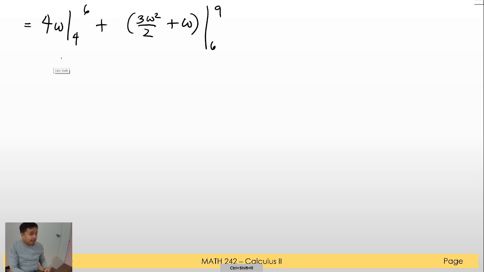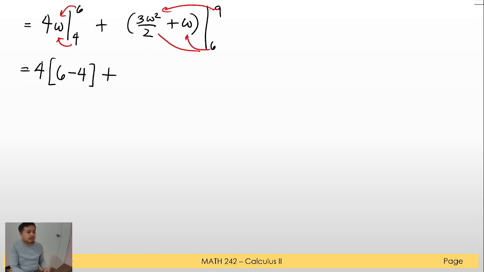Upon evaluating the definite integrals, we have to substitute this 6 and this 4, knowing that this is the integral of the function. So we have here 4 times 6 minus 4. Actually, you can factor out the 4 as well. And then for this other term, we substitute this 9 and this 6.